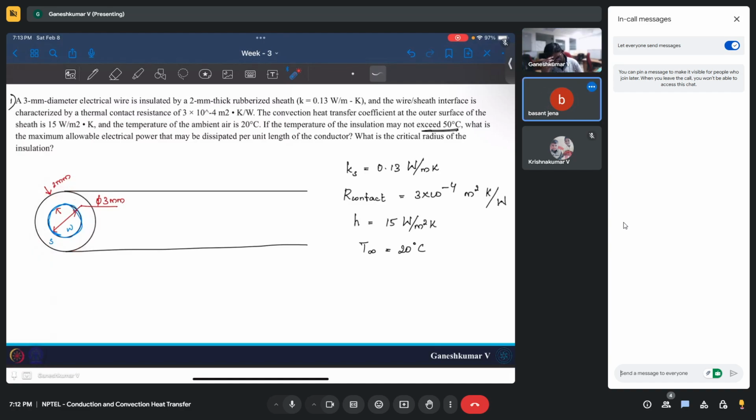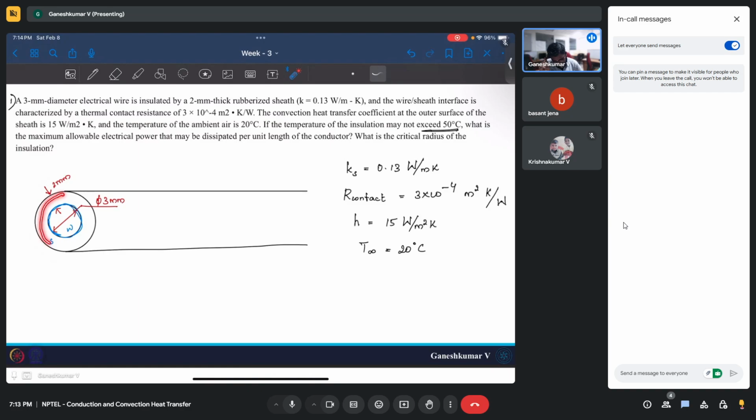Inside, because the heat will transfer from the conductor, and gradually that will decrease towards the outside surface. Wonderful. You're right. So you do not want the temperature of the insulation to exceed 50 degrees Celsius.